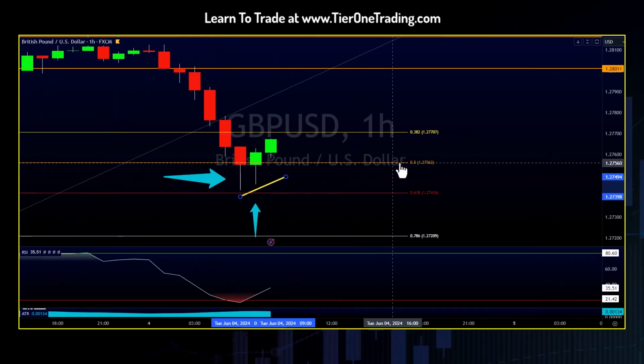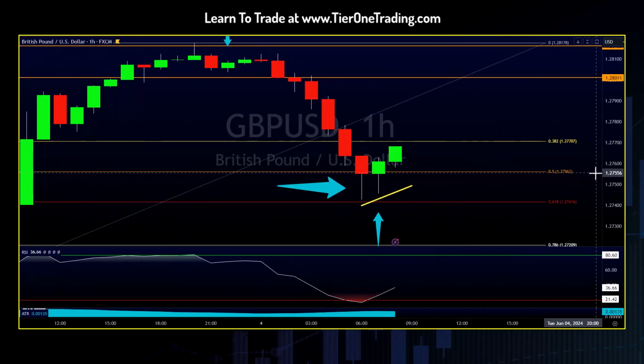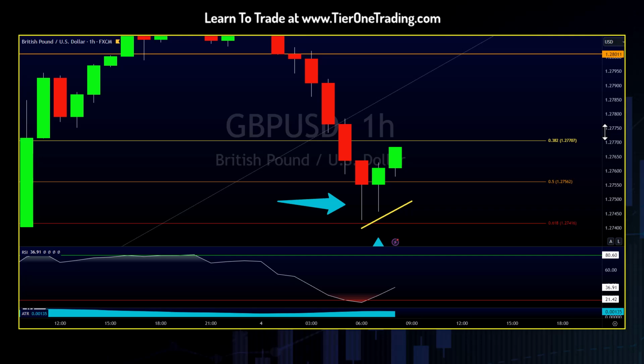Now, we know that inside bars are breakout strategies, right? So if you were an aggressive trader, in an inside bar setup, you do one of 2 things. You would place a buy stop either right above the inside bar or right above the mother bar. The mother bar is the previous bar.